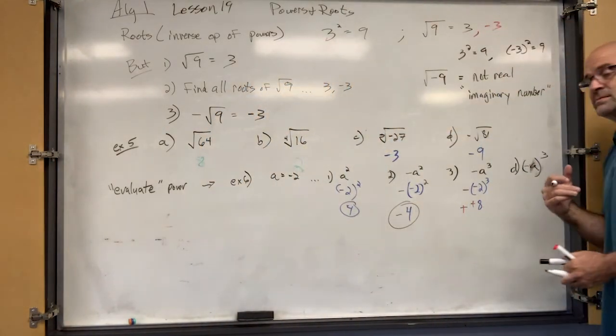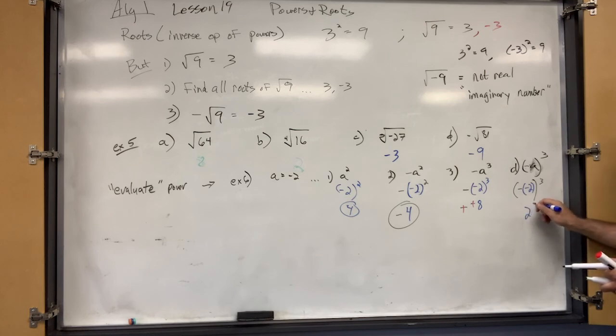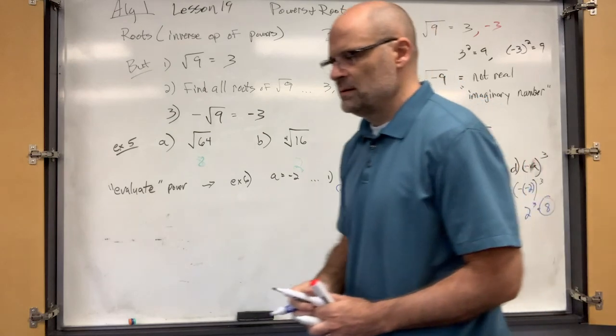But sometimes it's less confusing if you do it in your head. So do it both ways. See what you get. So this is negative, in parentheses, you got negative A, and then A is -2, so -(-2) all to the 3rd power. So let's evaluate what's inside the parentheses first. What's -(-2)? +2. And then you have 2 to the 3rd, which is 8. Okay?